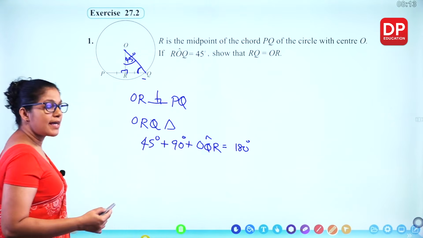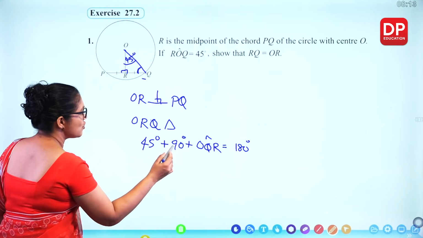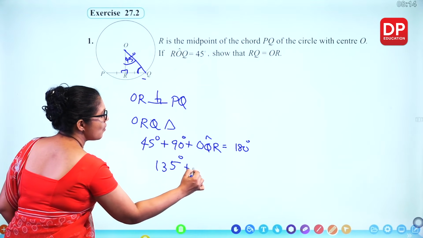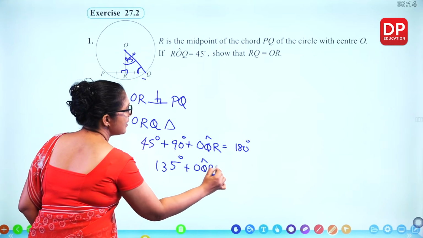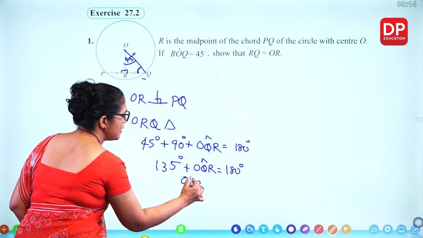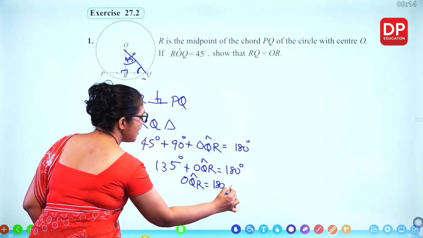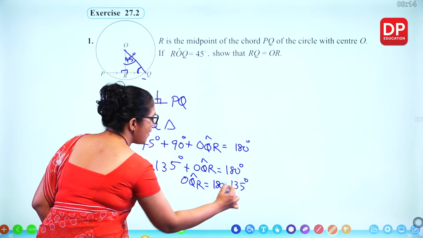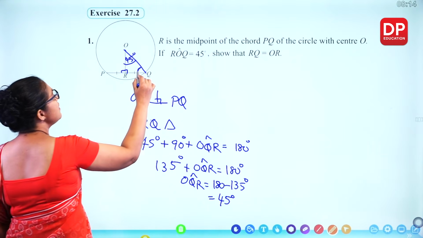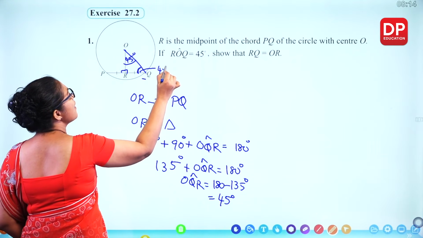The sum of angles in a triangle. So when you simplify this, you get 135 plus OQR angle is 180. So what is OQR angle? 180 minus 135, you get 45. So we found this is also 45.